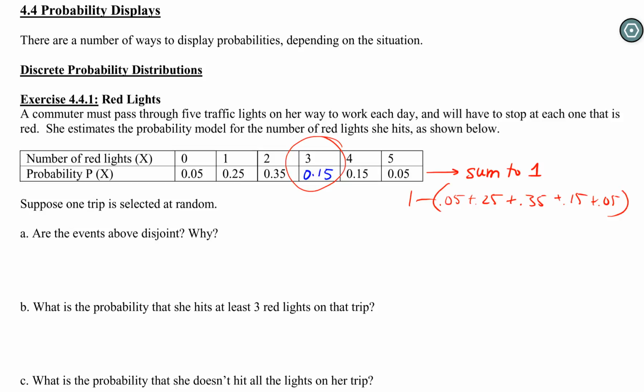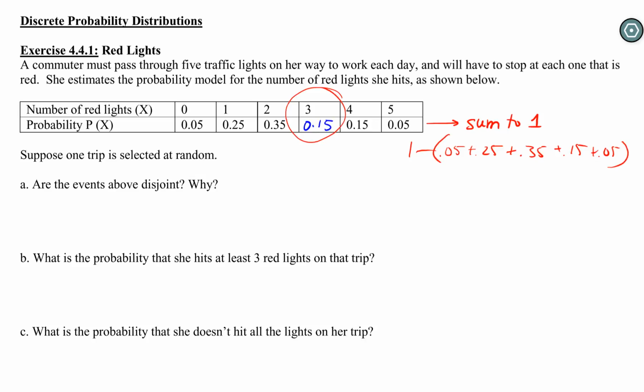Our first question here asks, if we're selecting one trip at random, are the events above disjoint? And as I said, these discrete probability distributions are used for disjoint or mutually exclusive events because there is no way on one trip she can hit 1 and 2 lights.